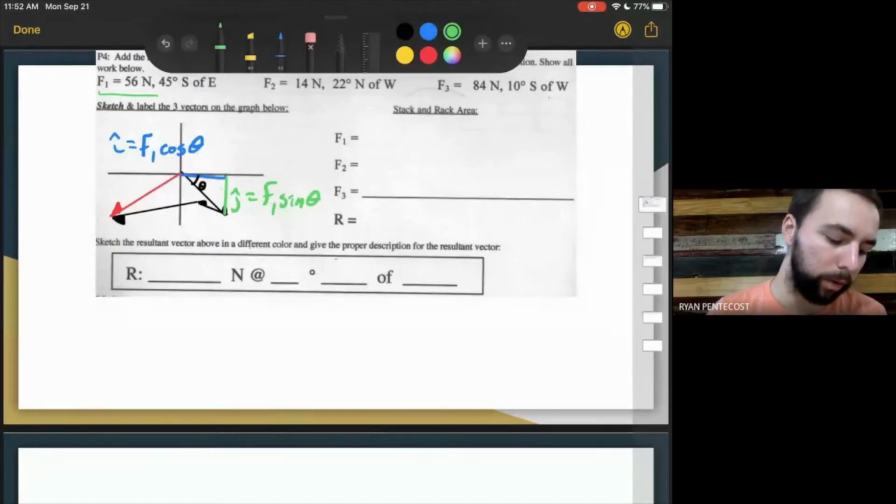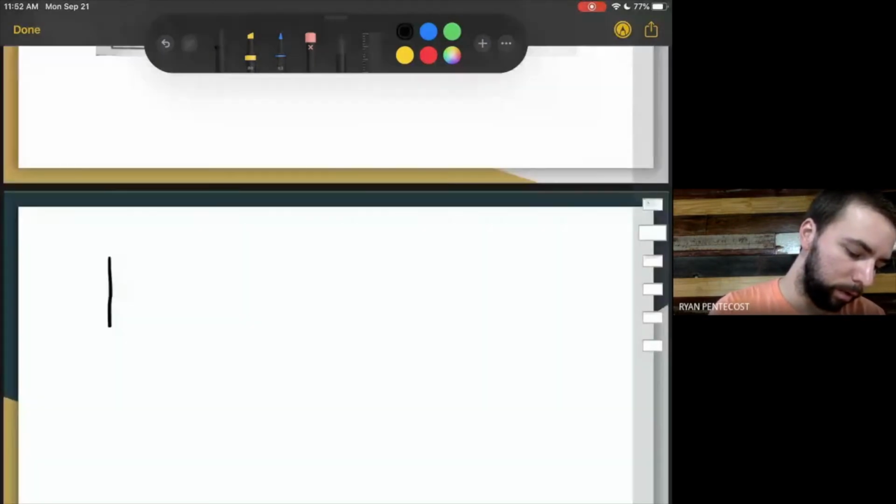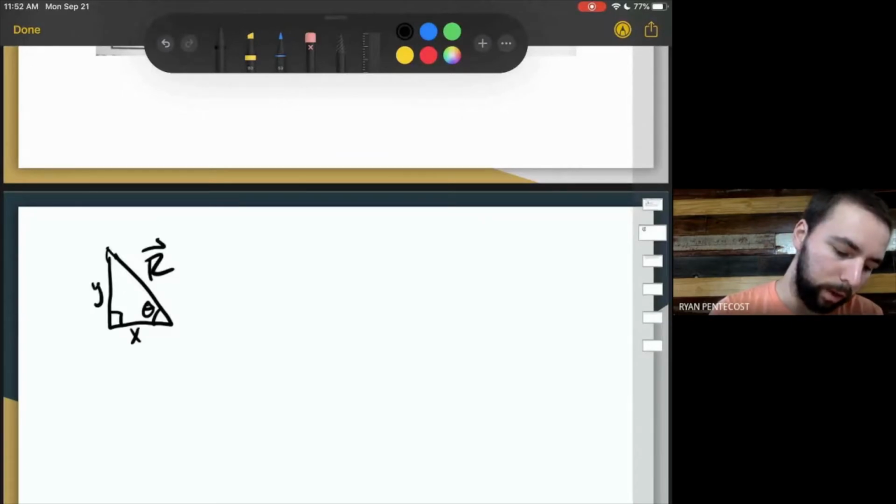And if we want to work through the trig, I can definitely do that real quick. Let's say we have a right triangle here, angle theta, and then we have our vector right there. If we want to find the x or y component, cosine of theta is adjacent over hypotenuse, which is x over r.